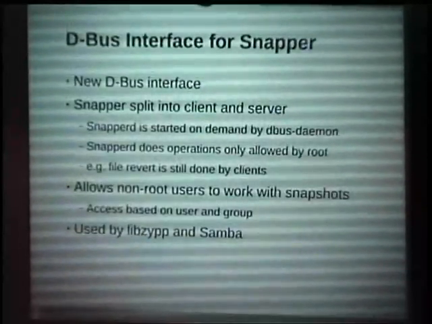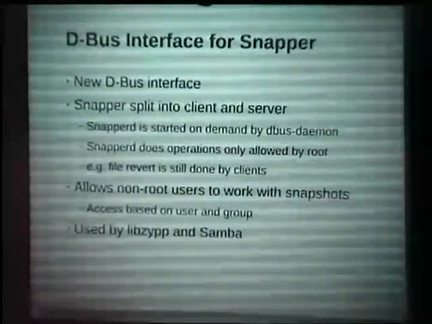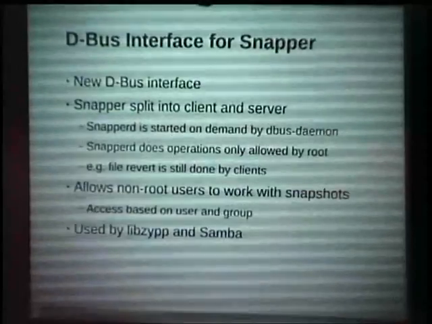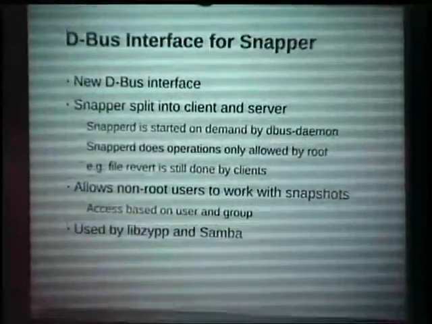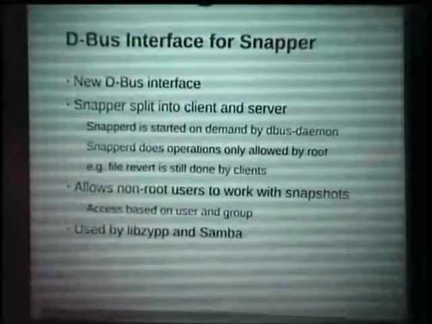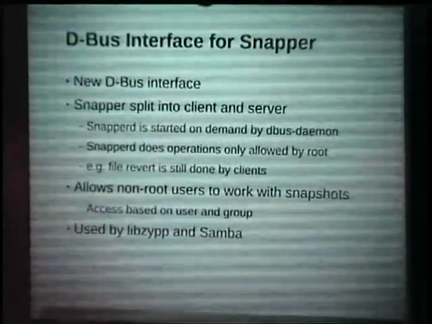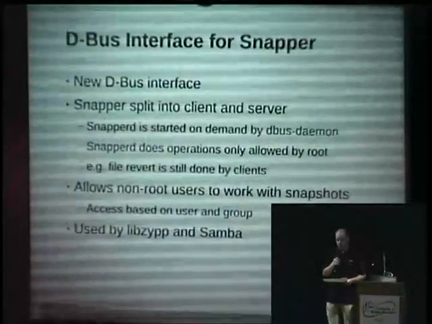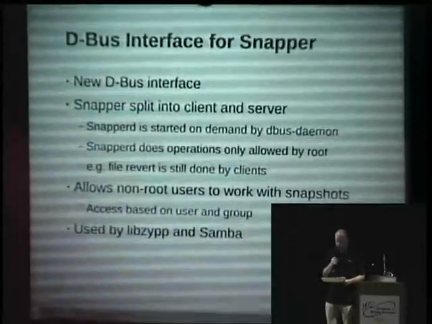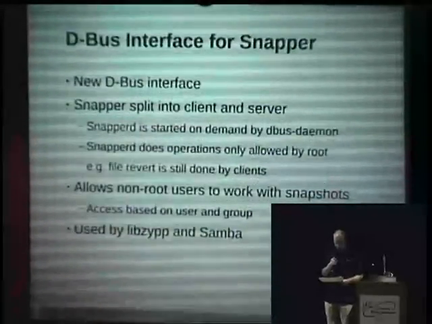And one new thing in openSUSE 12.3 is that we have a dbus interface for Snapper. Snapper was split between the server and the client. The server is only started on demand and does the operations only allowed by root. But other operations like this file revert are still done by the client.